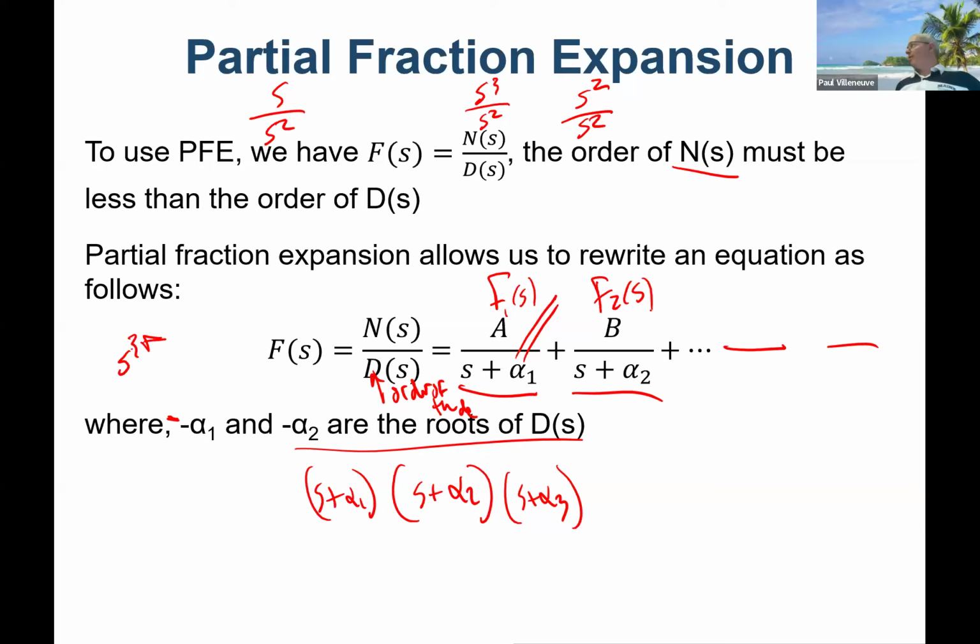And the whole thing about partial fraction expansion is we're trying to figure out what the functions are, and we would like them to kind of look like the table. So if you notice, the s plus alpha 1 looks kind of like e to the minus alpha 1 t. You look at your Laplace table, it looks just like that one.